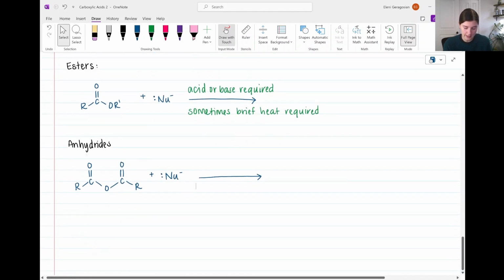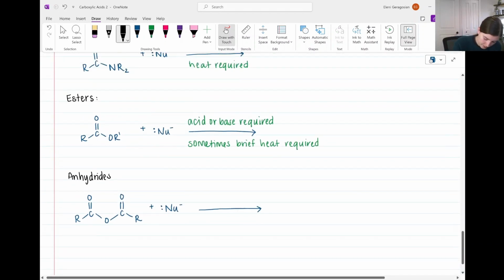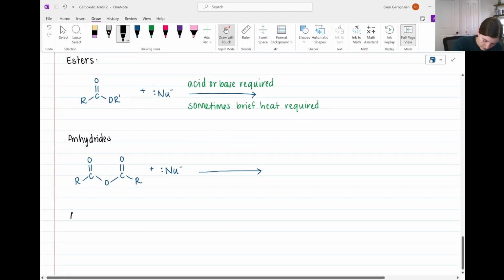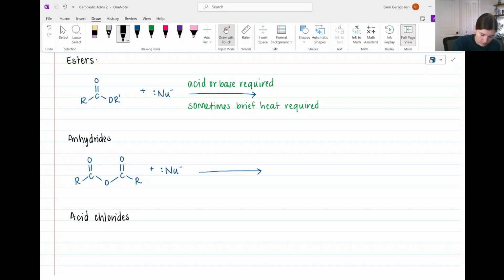And then last, we'll look at acid chlorides. Again, we have the acyl group right there, and then the carbonyl carbon is bonded to a chlorine.